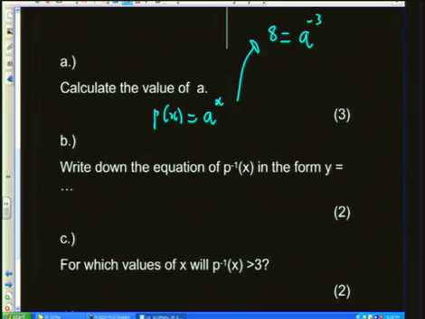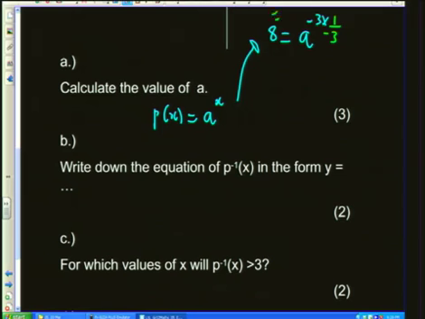Now, I need to get rid of that negative 3. So what do I do to get a 1 there as the exponent? I need to have a to exponent 1. Now, I'm going to multiply the exponent by negative a third. What I've done on the right-hand side, I must also do on the left-hand side.